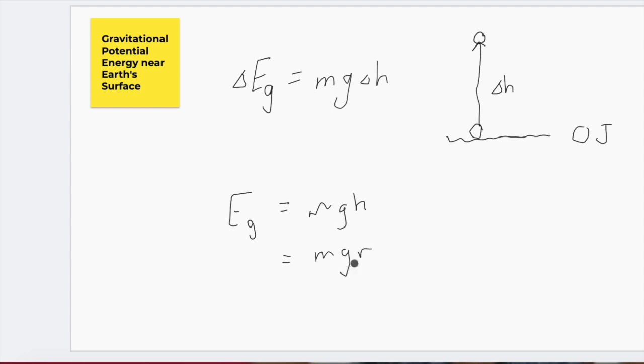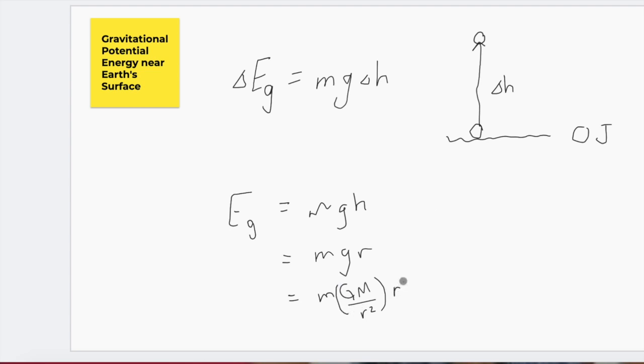And then if I plug in the equation for g, which was on the previous slide, then I have little m, capital G, big M over r squared, put brackets around this, and then the little r here.